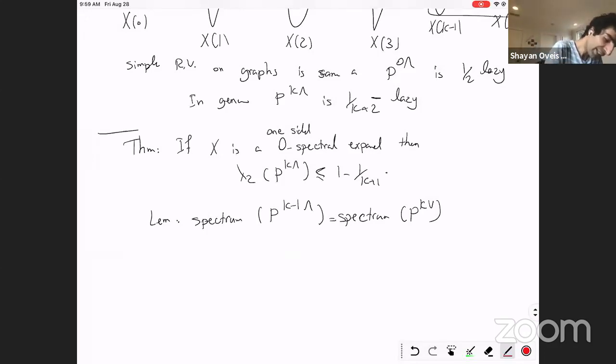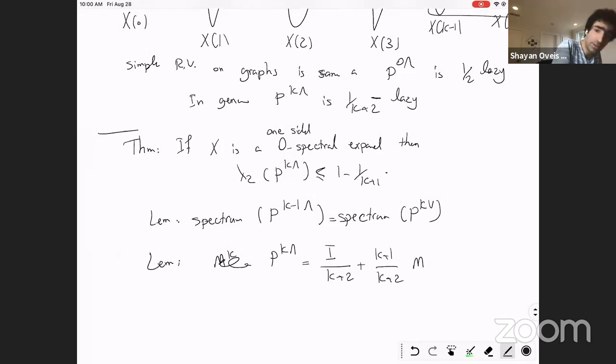Now, where does the action happen? The action happens between P_k up-down and P_k down-up, and the second lemma is the following. Let's say you define M_k by writing P_k up-down equal to identity over k plus 2 plus (k plus 1) over (k plus 2) times M_k.